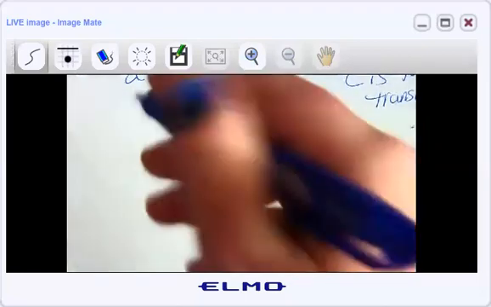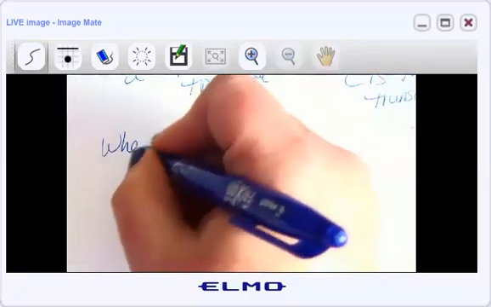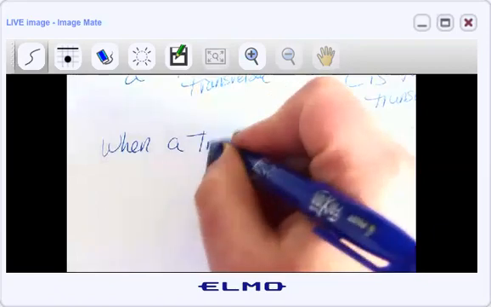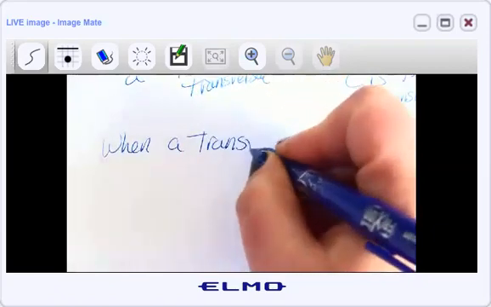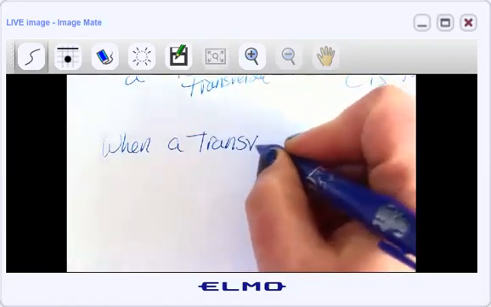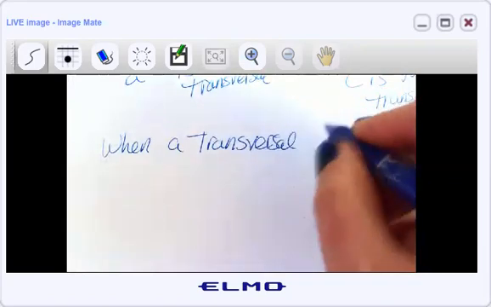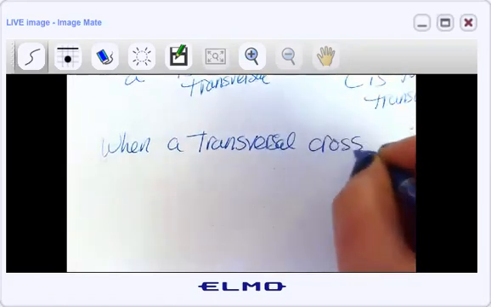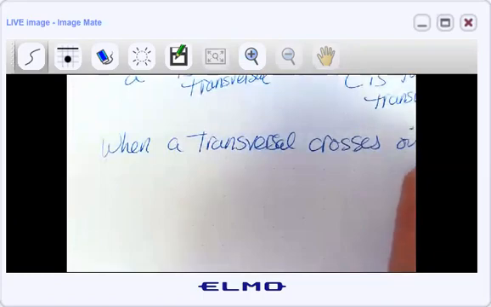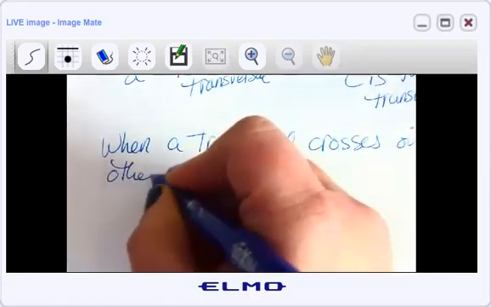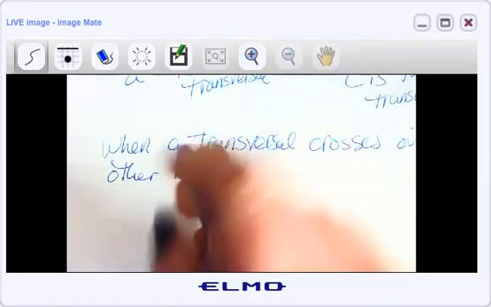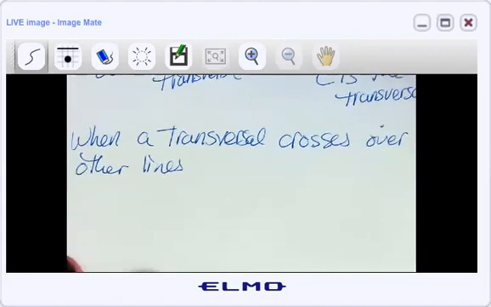So I'm going to write here, when a transversal crosses over other lines, new angles are formed. Oops, sorry, I'm a little bit off.